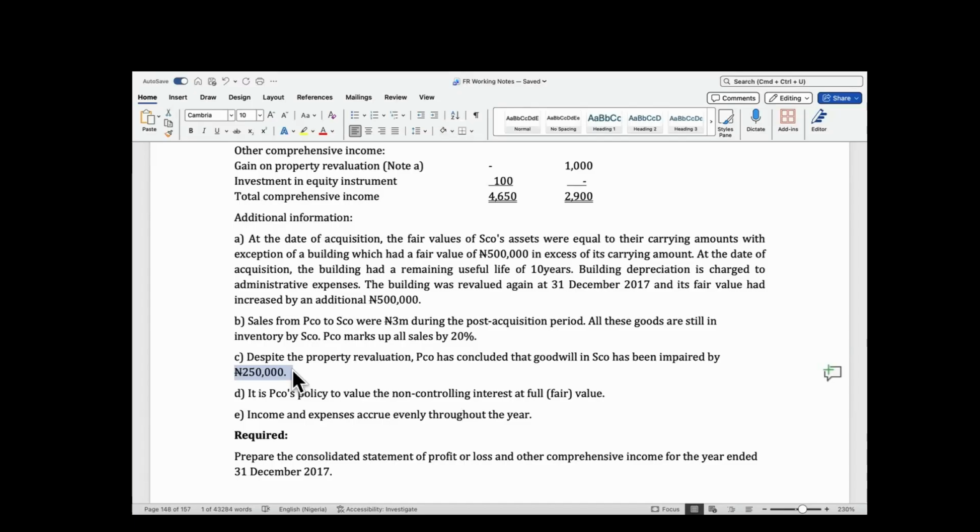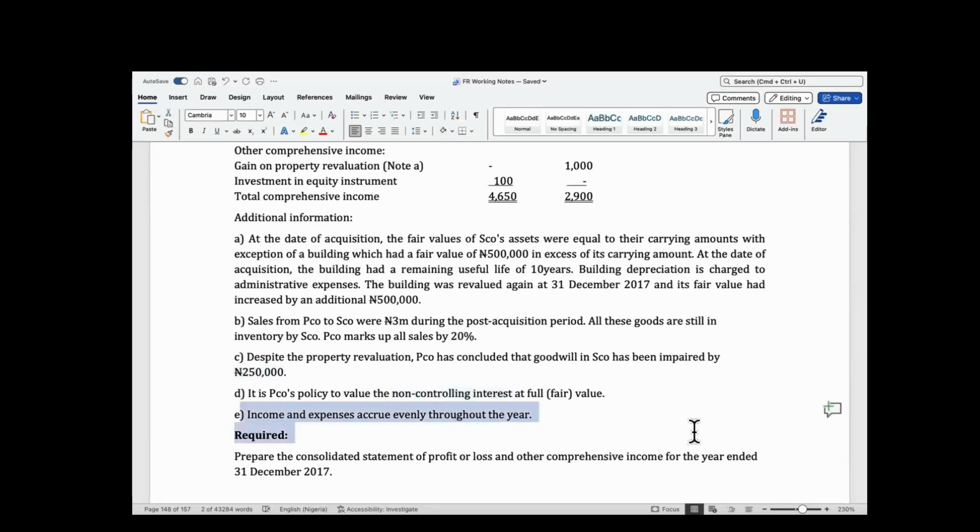Since NCI is measured at fair value, like I taught you, you will also have a share of this impairment, a share of this loss. So this loss will be added to the expense of the subsidiary, just so that NCI also will have a share of it. That's how we're going to treat that.